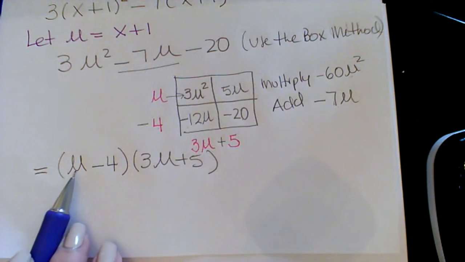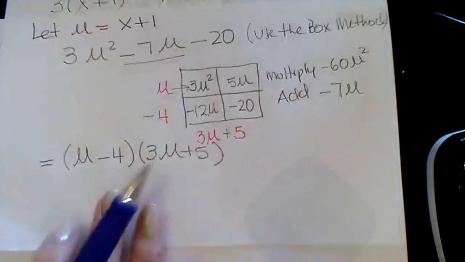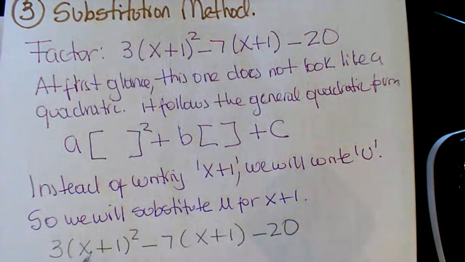Because notice that it's written in terms of u. And our given problem was in terms of x. So we've got to replace the u. So let's do that. Let me write that down here.